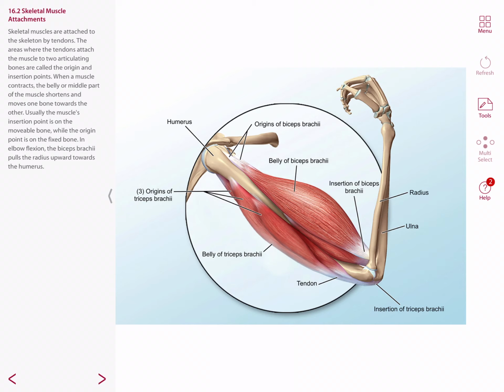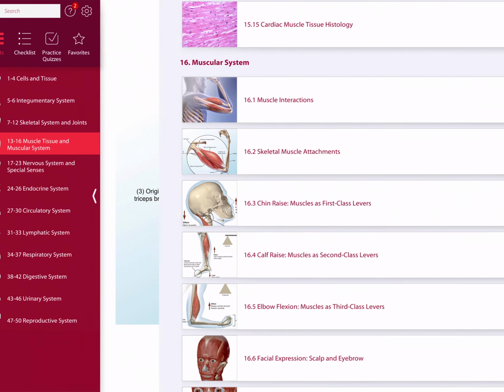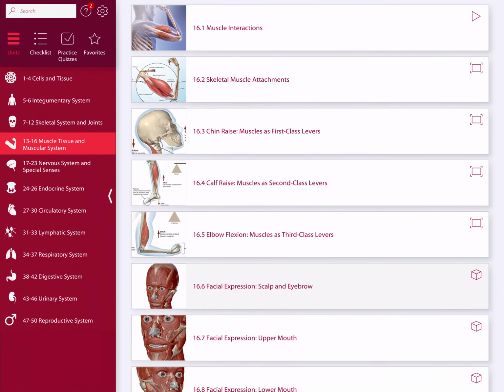So in order for that bicep to contract, that shoulder does not need to move. Only the radius and the ulna move. And so where's the insertion? That's going to be on the radius down there. So origin does not move, insertion moves, and that will be a good way to help you remember that.